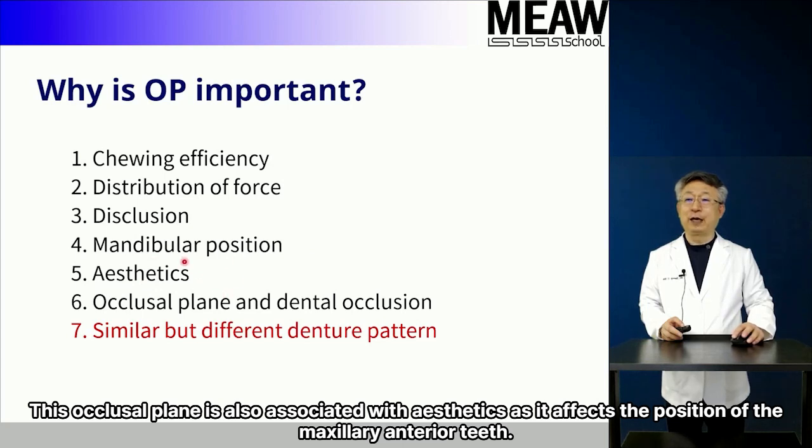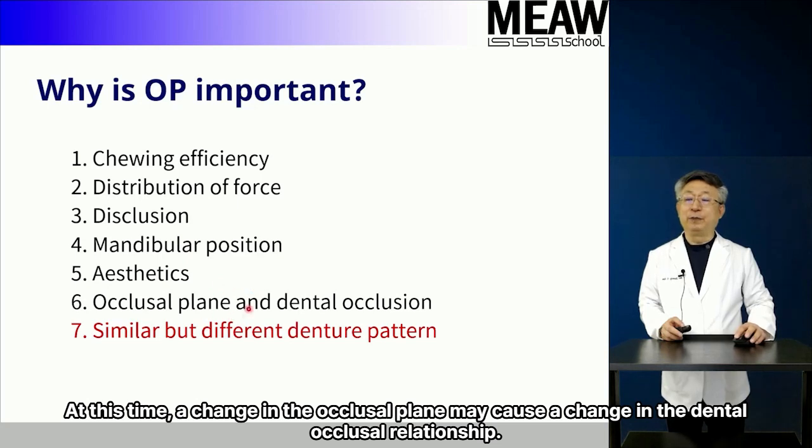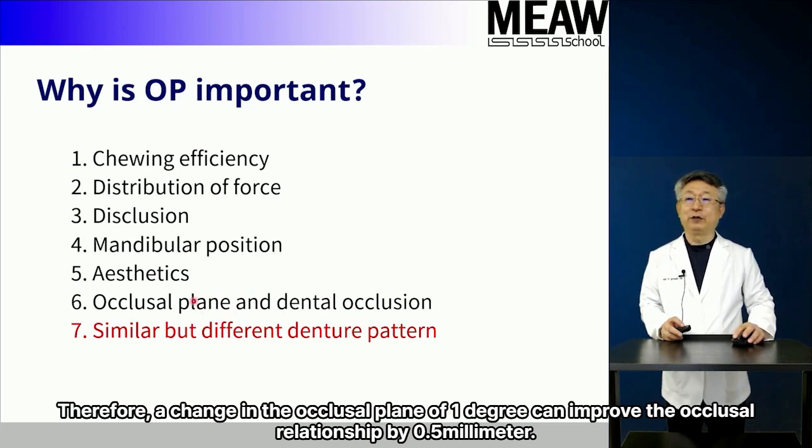This occlusal plane is also associated with aesthetics as it affects the position of the maxillary anterior teeth. At this time, a change in the occlusal plane may cause a change in the dental-occlusal relationship. Therefore, a change in the occlusal plane of 1 degree can improve the occlusal relationship by 0.5 mm.